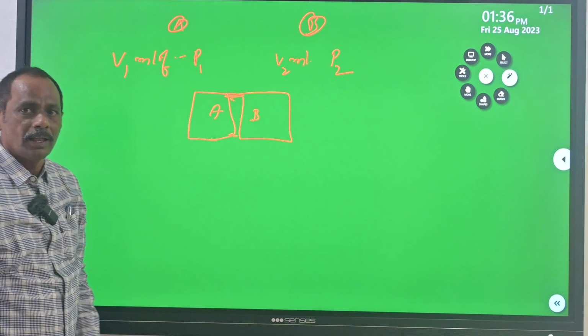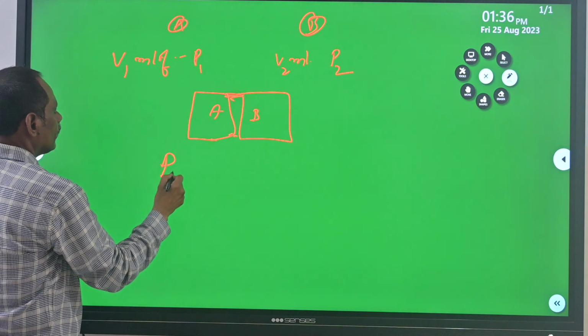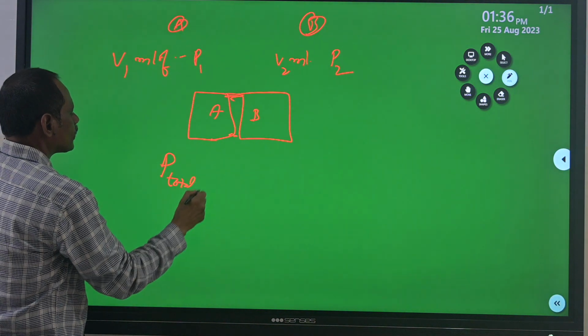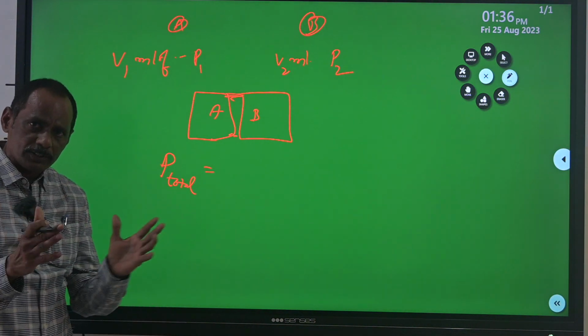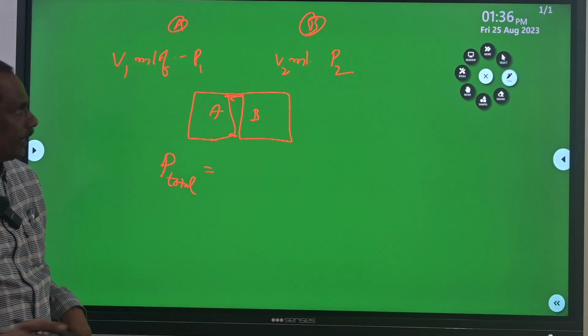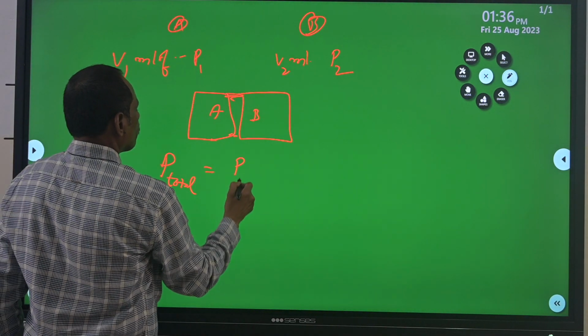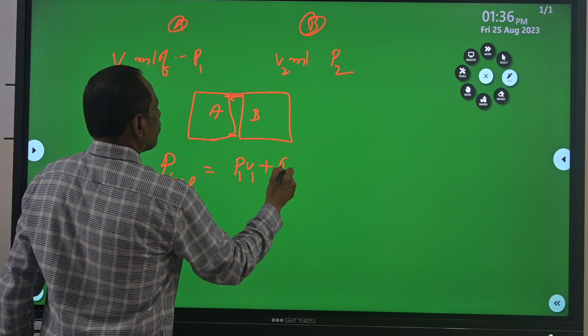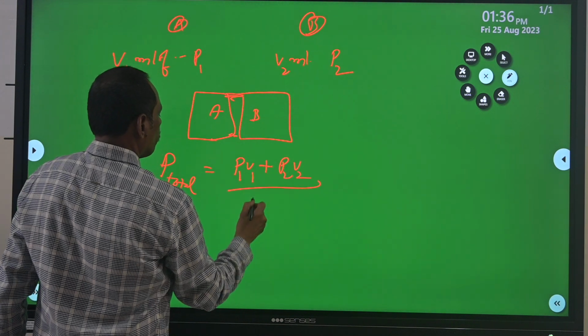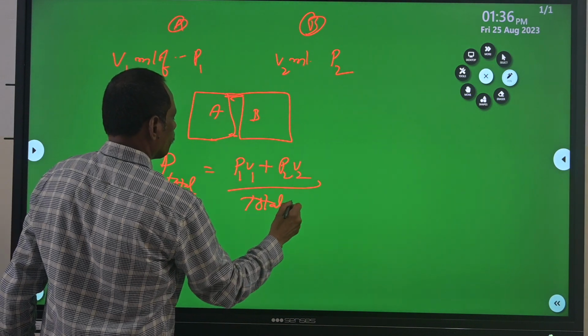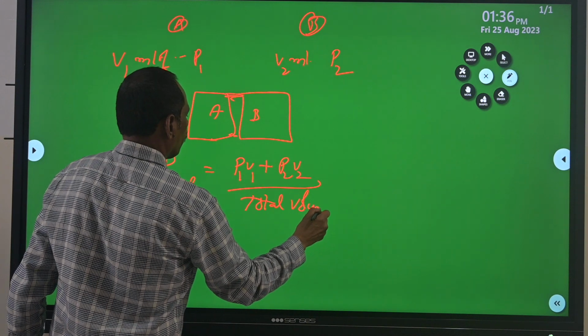Then the resultant pressure of the gas mixture is P1V1 plus P2V2 by the total volume of the gas mixture. It is the formula.